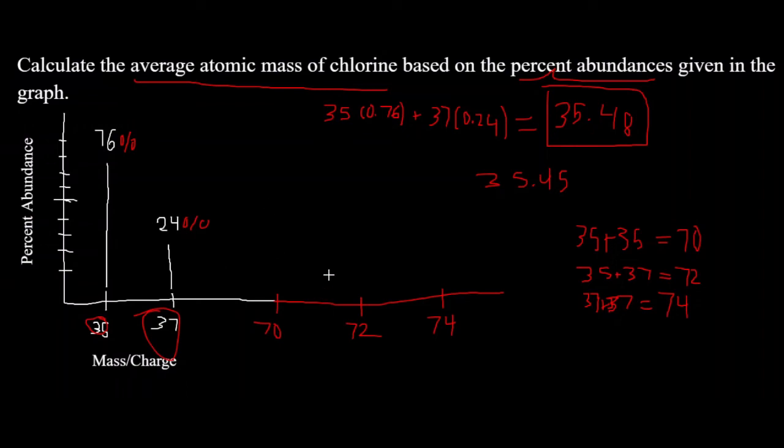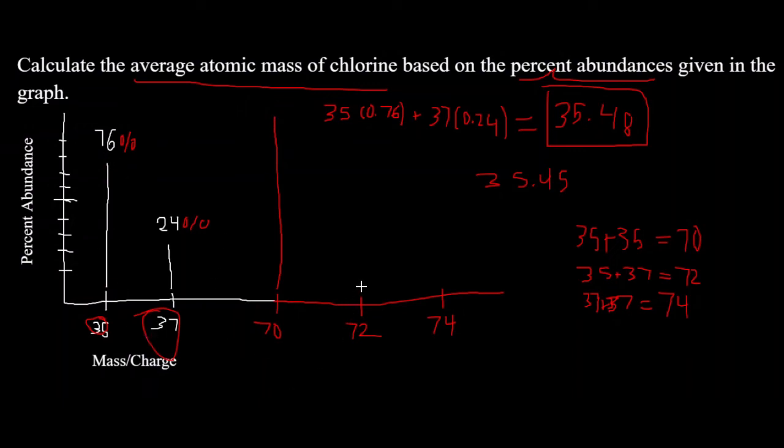And so now how can we predict their percent abundances? We know that the isotope with 35 is the most common isotope for chlorine with just a monoatomic isotope. So when we have our diatomic isotope, this one is clearly going to be the most common, and it's going to be more common than the previous one.